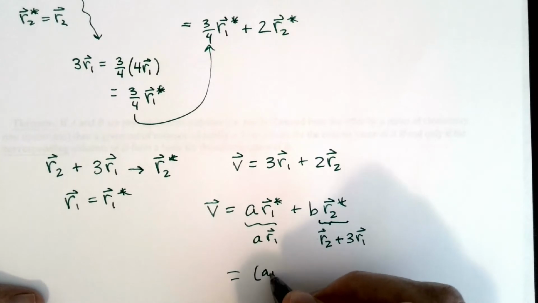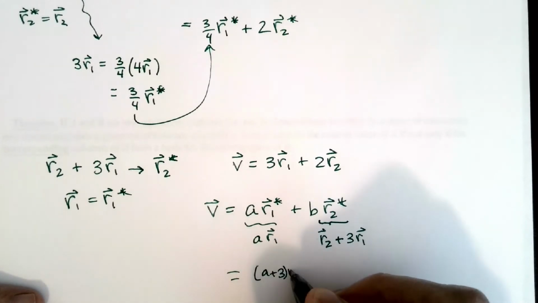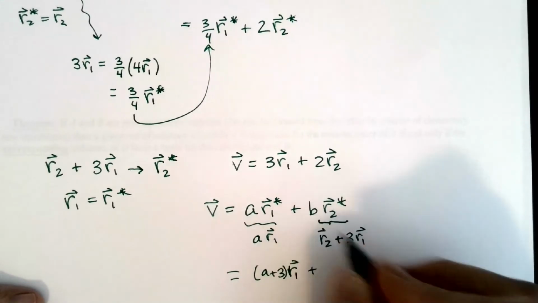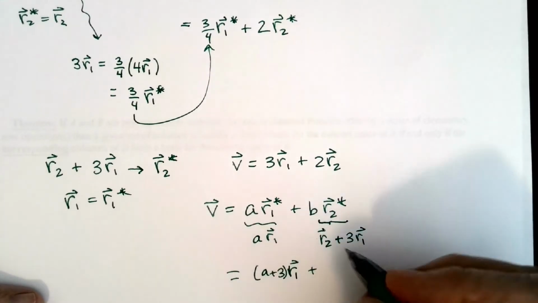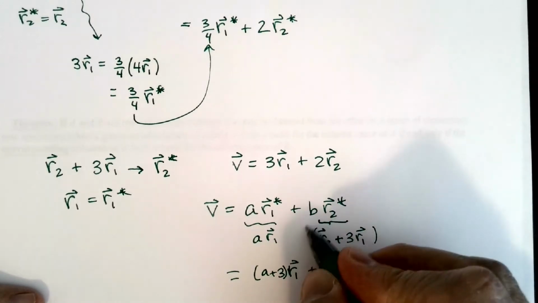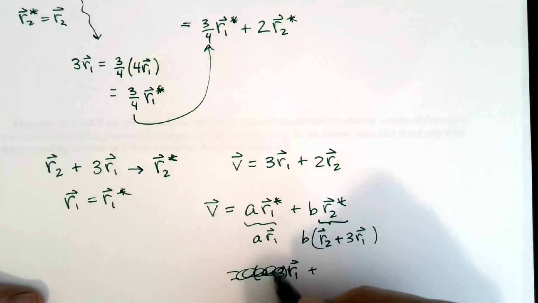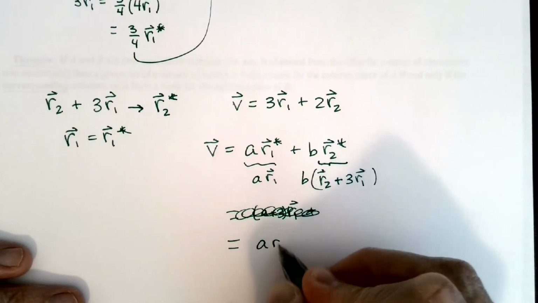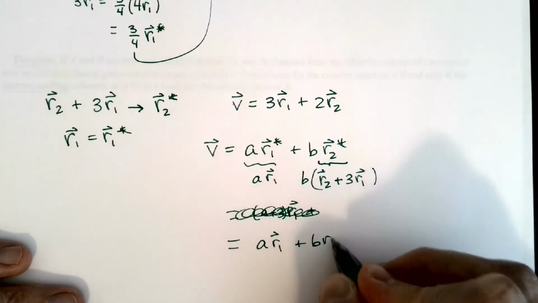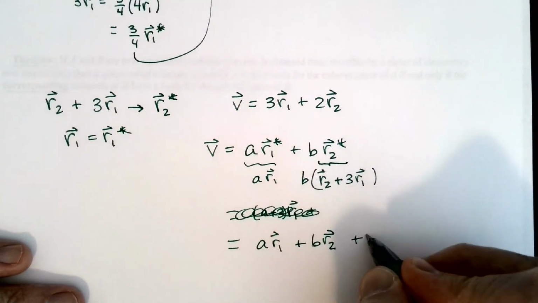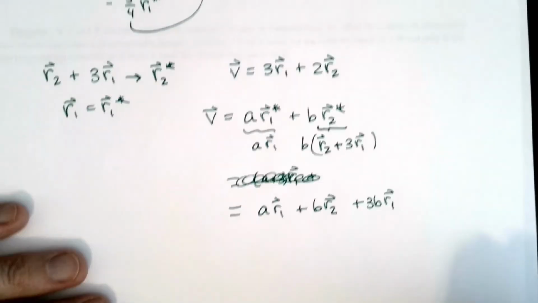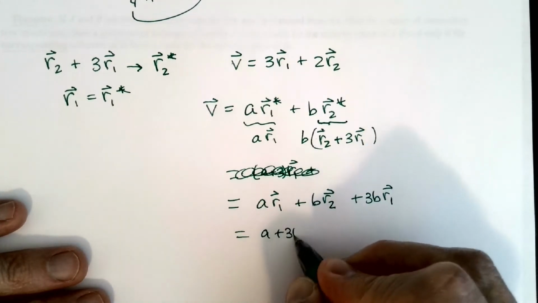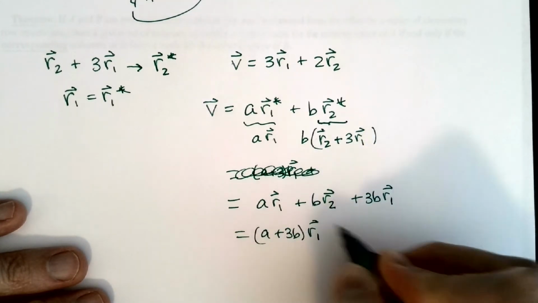That's A plus 3 row 1, right? Plus what? Oh, I messed up. Sorry. Times B. So this is A row 1. Let's do B row 2 plus 3B row 1. Now let's combine like terms. A plus 3B, plus B.